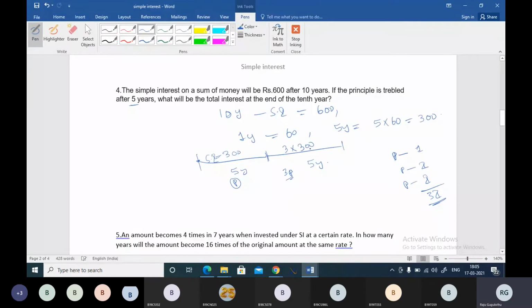The question is, what will be the total interest at the end of the 10th year? For the first 5 years it is 300, and for the next 5 years it is 3 into 300, 900. So 1200 will be the interest at the end of the 10 years. This will be your answer.